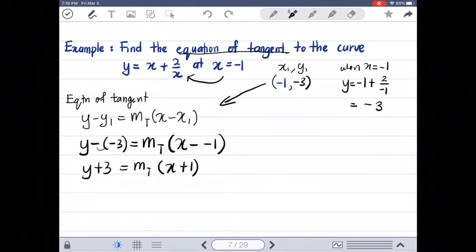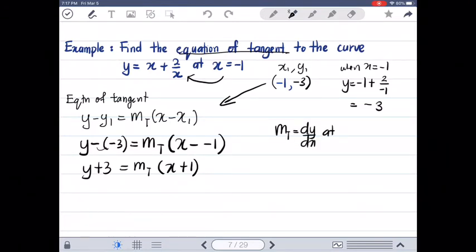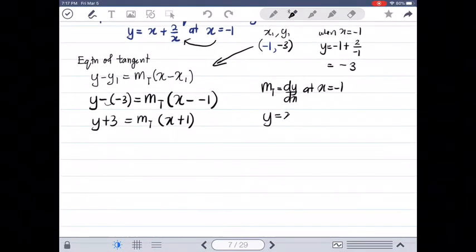Now we want to find our gradient m. To find our gradient, mt is just equal to dy over dx at x equals negative 1. Since we have y equals x plus 2 over x, I can rewrite this as x plus 2x to the power of negative 1.